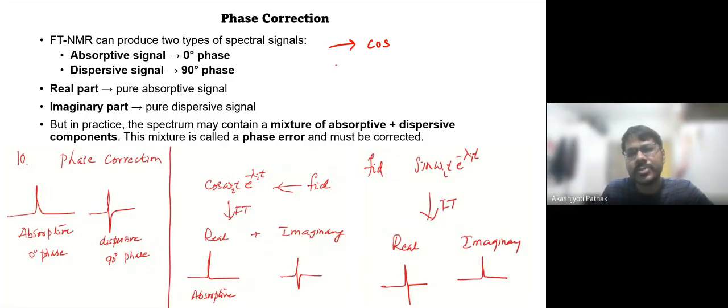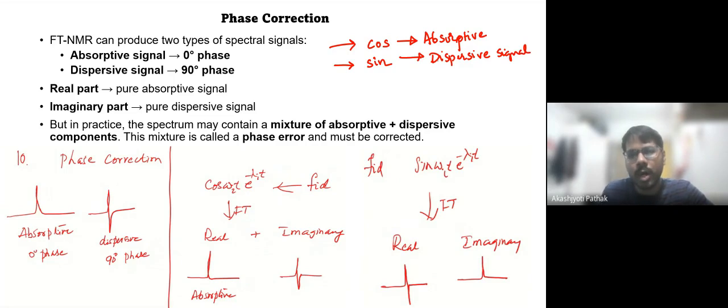One follows the cosine function, and the other follows the sine function. Your cosine function will give you an absorptive signal, and your sine function gives you a dispersive signal.